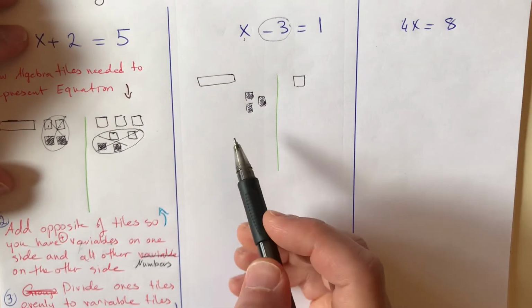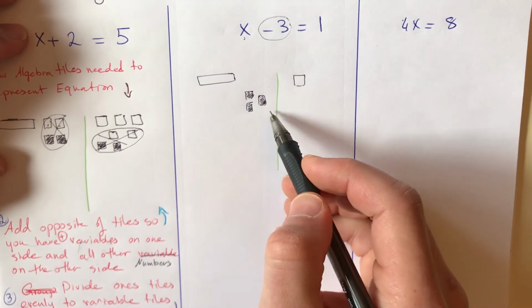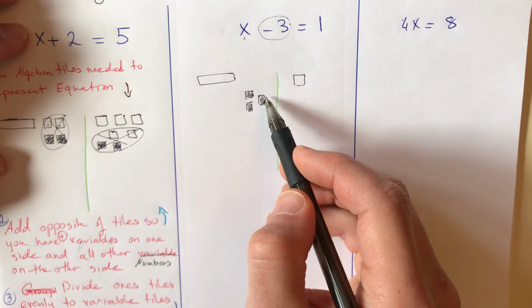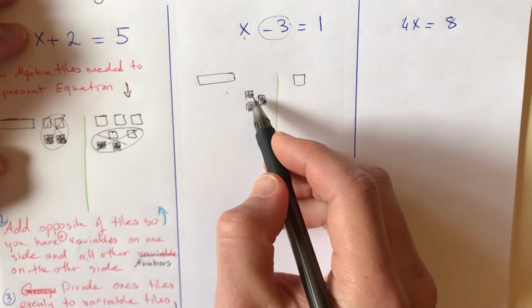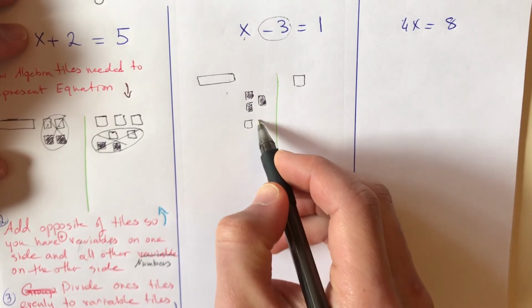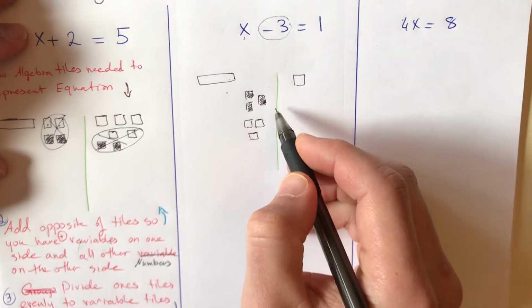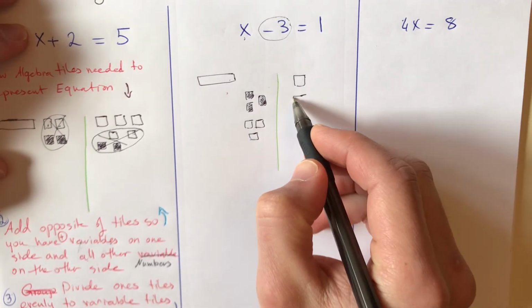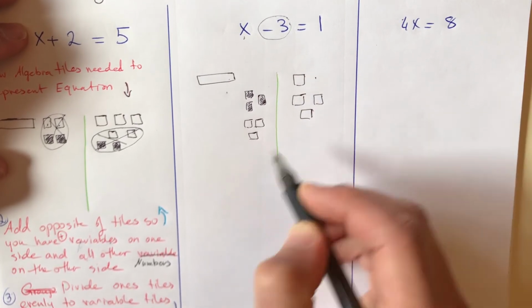Okay, we want to get rid of these ones, remember? So the step would be adding the opposites to the ones that are found with the positive variable. In this case we have to add 1, 2, and 3 positives, and what we do to one side we have to do to the other side, so you add 1, 2, 3 positives.